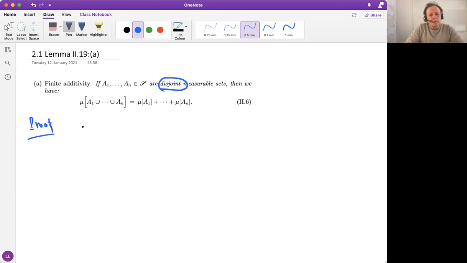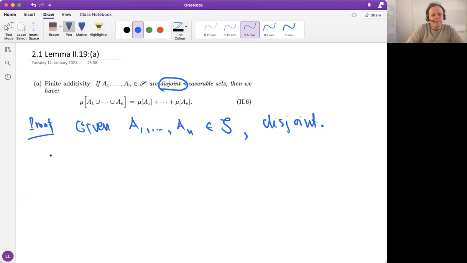It's quite easy. Given A1 up to AN, assume that we are given some measurable sets A1 up to AN, disjoint. Then define A(N+1) to be the empty set, A(N+2) to be the empty set, and so on.